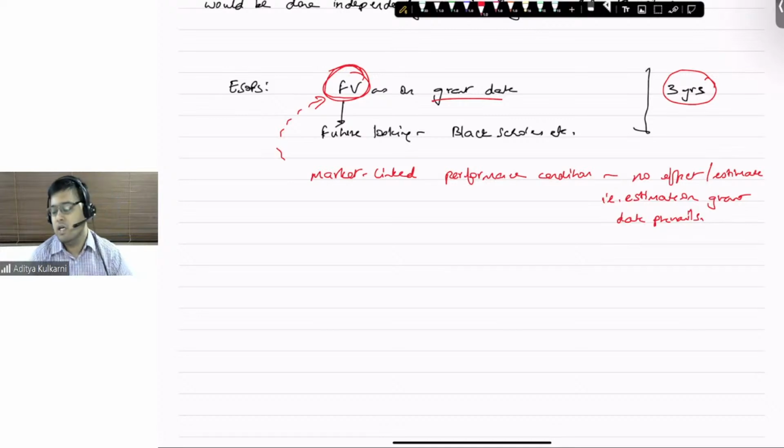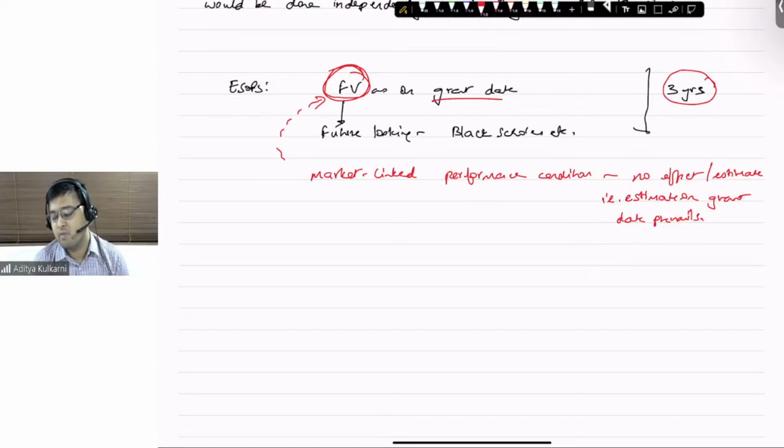Okay. All right. Are we okay with the theory on vesting conditions? Yes. These are conditions which the employee has to fulfill. It could either be a service condition or a performance condition. In the case of performance, you would have market linked or non-market linked condition. Market linked, ignore. It is already included in fair value as at the grant date.